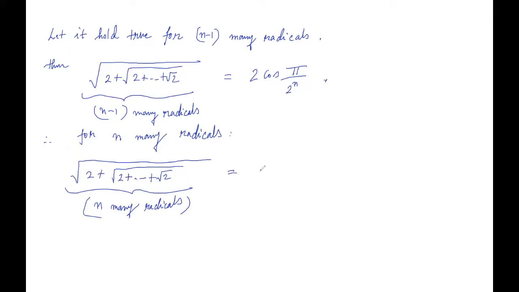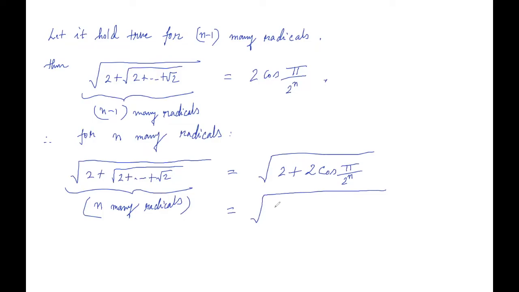and this is equal to, now we are applying our induction here. Since this was true for n minus 1, we are replacing that part by 2 cos pi by 2 to the power n.